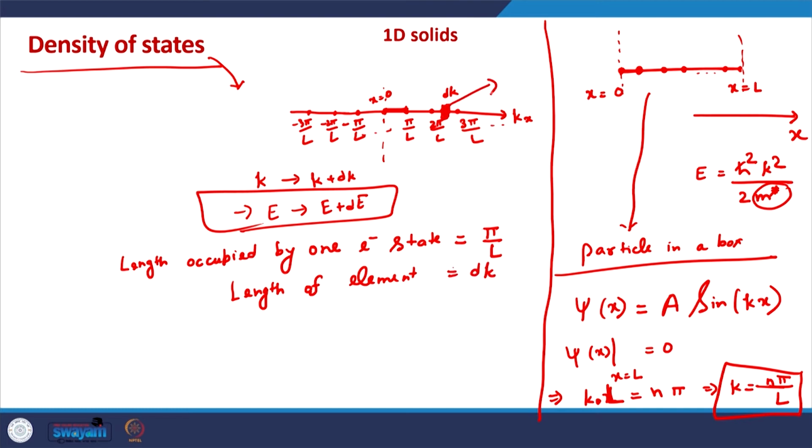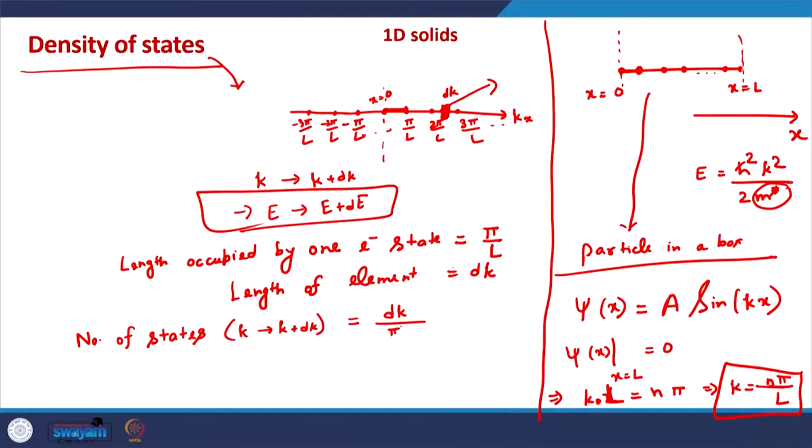So, the number of states in the k range of k to k plus dk will be the length of the linear element divided by the length of a single allowed electronic state. So, this will be the number of electronic states in this linear element of k space in 1D solids.